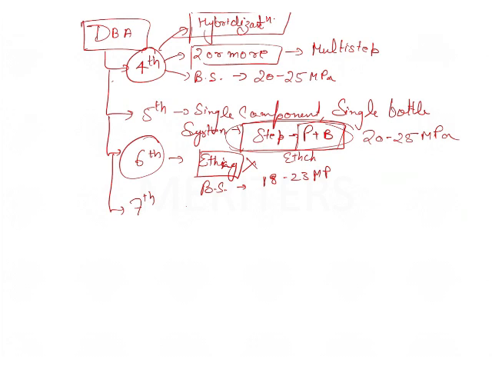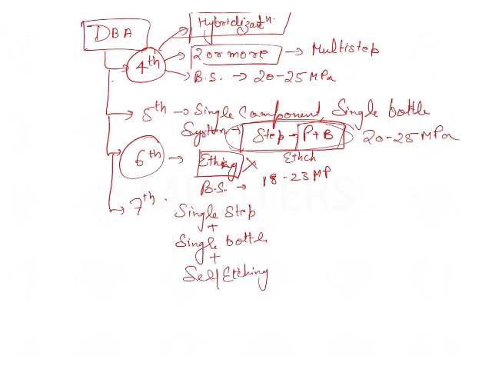Then we have the 7th generation. It is a single step, single bottle system with self etching in it.